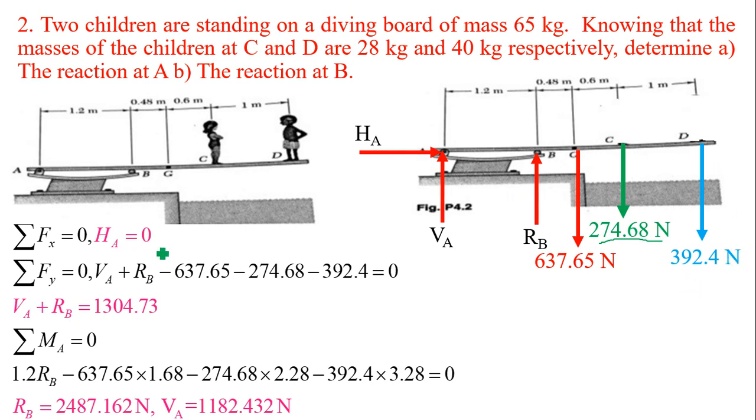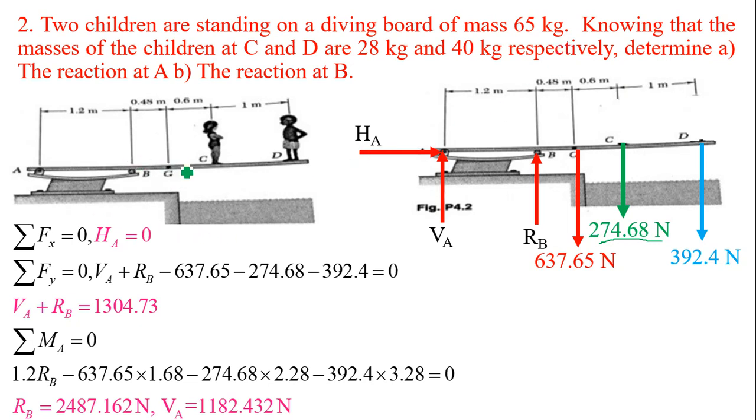Now we know that the weights of the children are acting below their feet, that is at point C and at point D. Similarly, next, the self weight of the diving board is given as 65 kg. The self weight of the diving board is again acting vertically downward at the CG point.